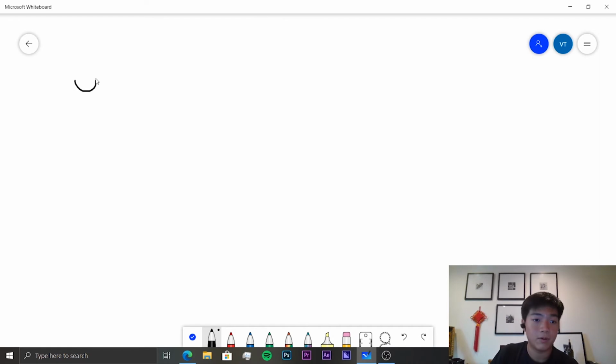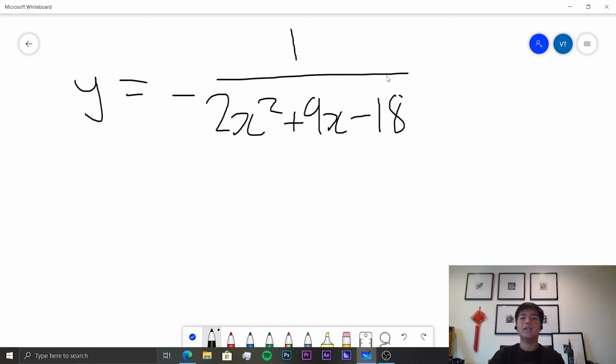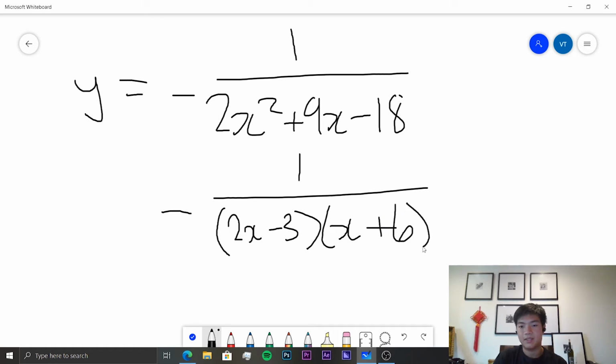We have the question y is equal to negative 1 over 2x squared plus 9x minus 18. This would factor out to 1 over 2x minus 3 times x plus 6, I believe.